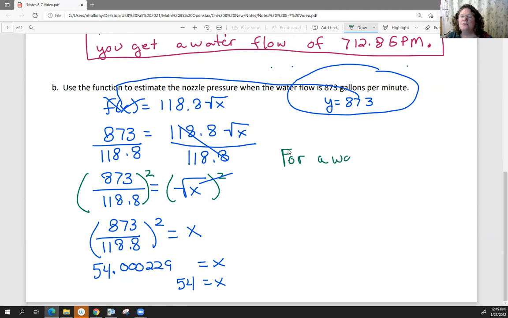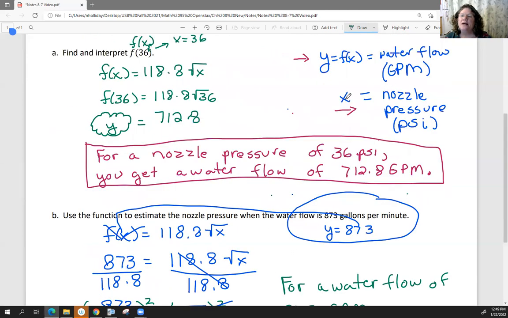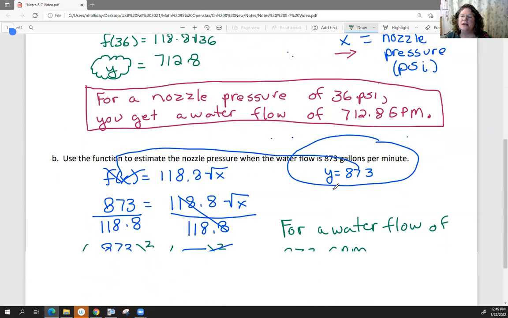for a water flow of 873 gallons per minute, then our X value, if we go back up here, you can remember X value is our nozzle pressure in PSI.